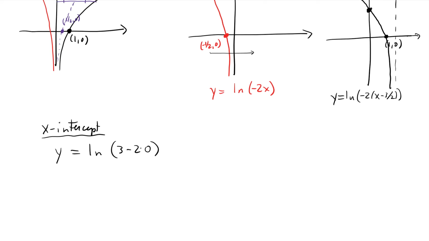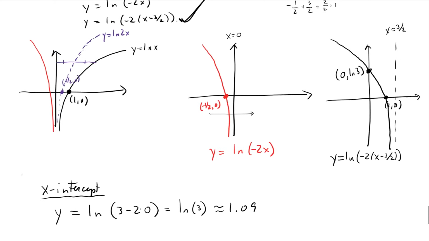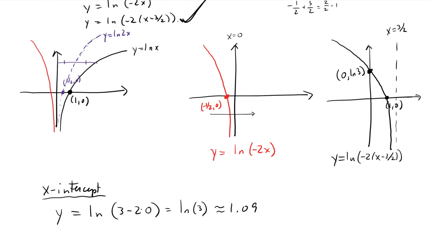My bad. So replacing x by 0, that's very easy. You get ln of 3, which is approximately 1.09. So this is 0, ln of 3 here. So that's it. We've got all the features we need for our graph.